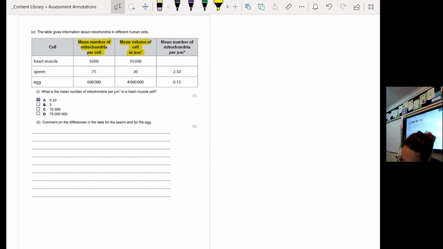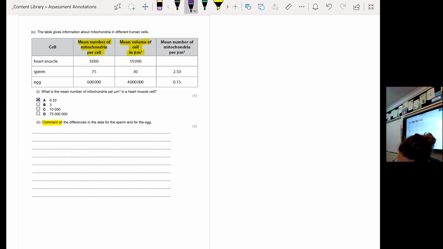Now, then you have a question that says, comment on the differences in the data for the sperm and the egg. Comment on means that I need to use the information that I've got here and then give possible reasons why that might be.